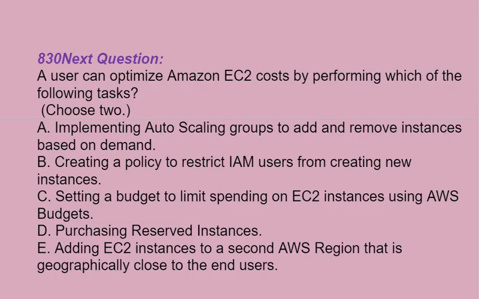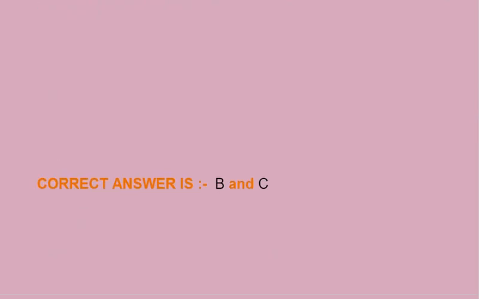Option C, setting a budget to limit spending on EC2 instances using AWS Budgets. Option D, purchasing reserved instances. Option E, adding EC2 instances to a second AWS region that is geographically close to the end users. Correct answer is option B and option C.